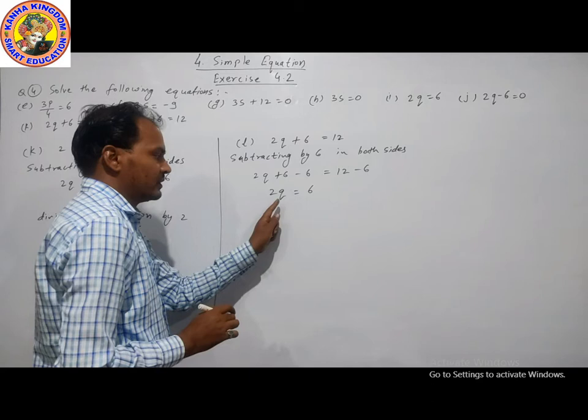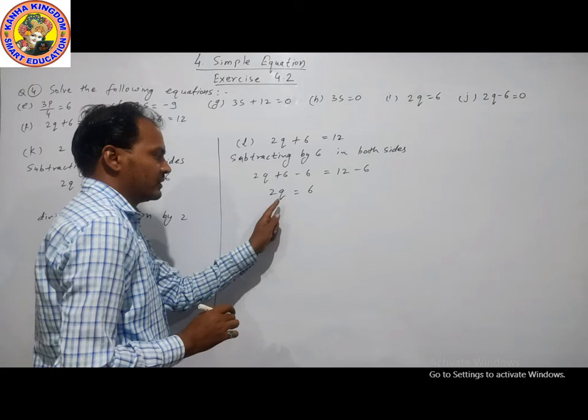Now I am taking LCM, the denominator is the same, so our LCM is 2. 2 divided by 2 is 1, multiply 37. 2 divided by 2 is 1, multiply minus 5. So 2y is equal to 37 minus 5, which is 32, divide by 2. We can cut this number, 16. Now 2y is equal to 16.